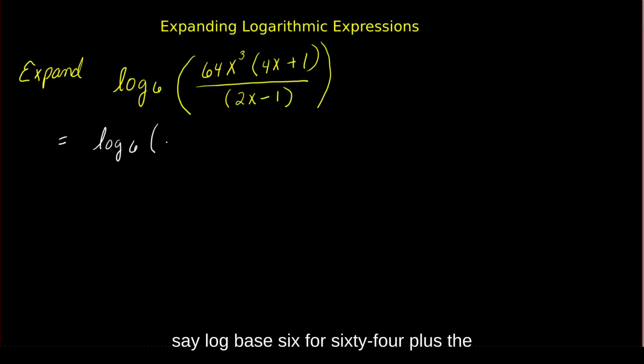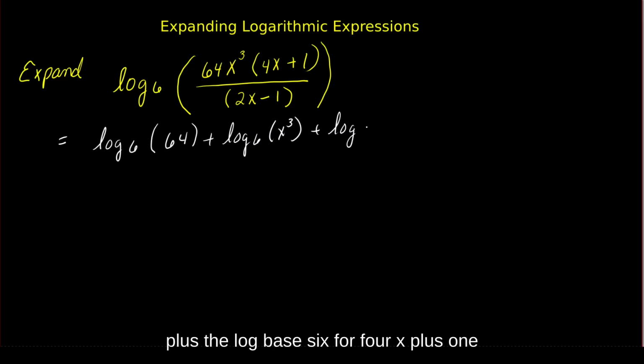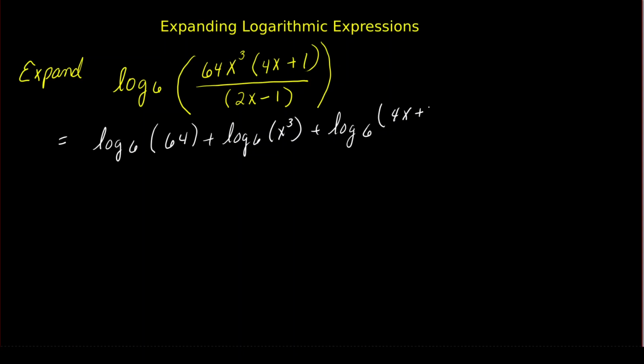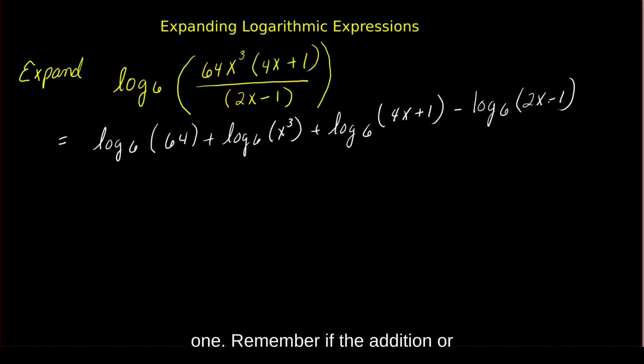So I'm going to go ahead and say log base 6 for 64 plus the log base 6 for x cubed plus the log base 6 for 4x plus 1 minus the log base 6 for 2x minus 1. Remember, if addition or subtraction is within the argument, you have to leave it alone. Can't do anything more with it.